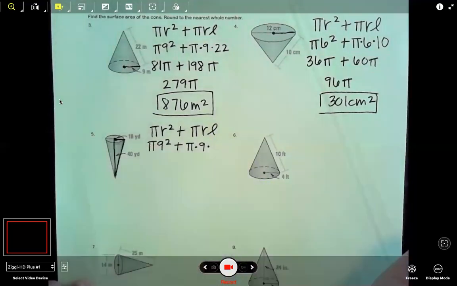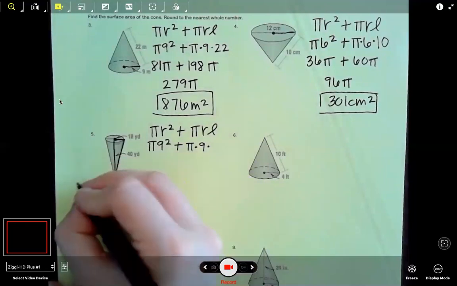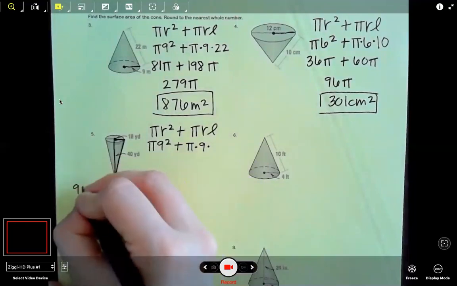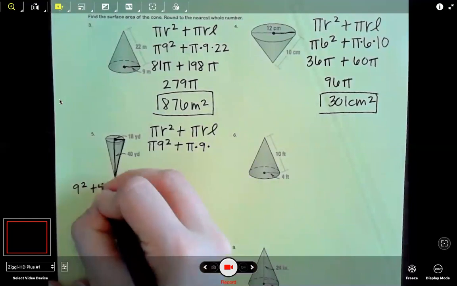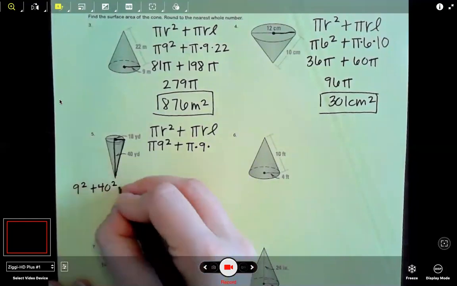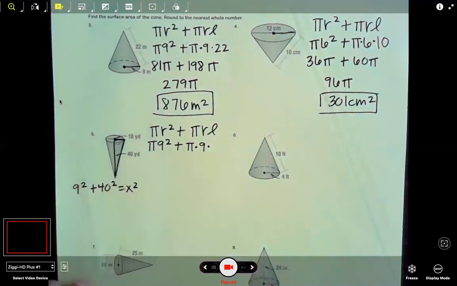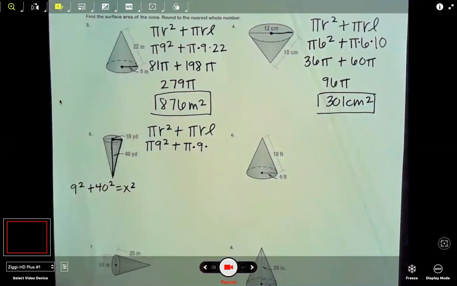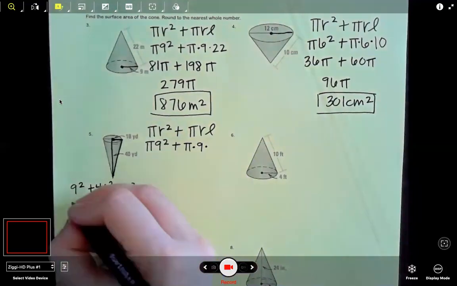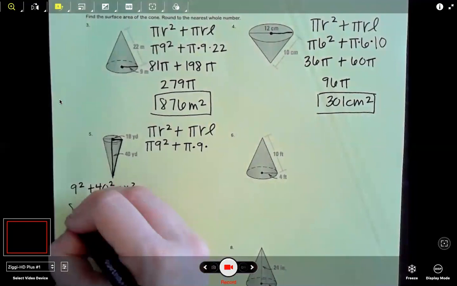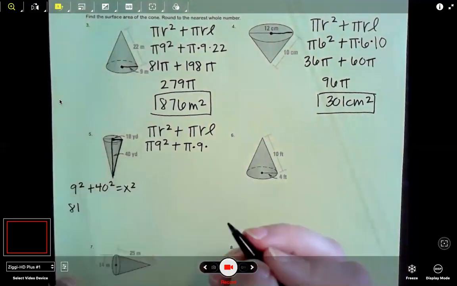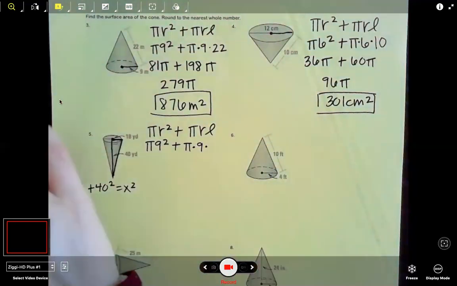Pythagorean theorem. Yep, so we're gonna have 9 squared plus 40 squared equals x squared. So we know 9 squared is 81. 40 squared is a huge number. 1,600. Yep.